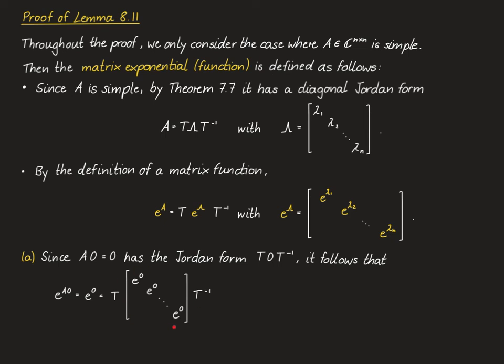But this matrix here is of course equal to identity, and then it follows that this is equal to T times T inverse, which is again identity.